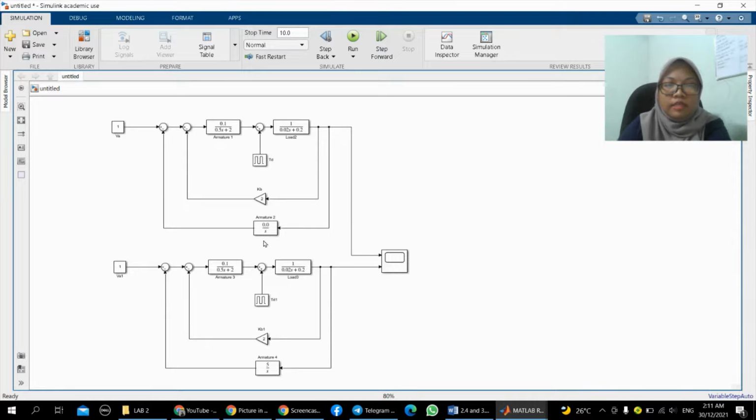The first integral is 0, which is load, and this is load 1. The second feedback for load 1 is 5. After that, click run.